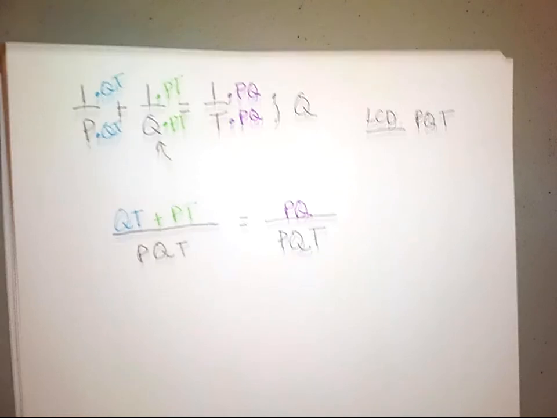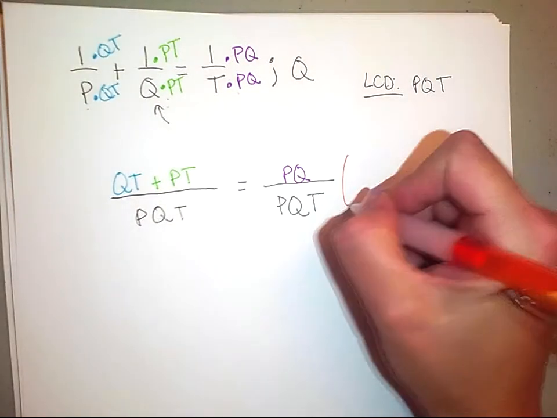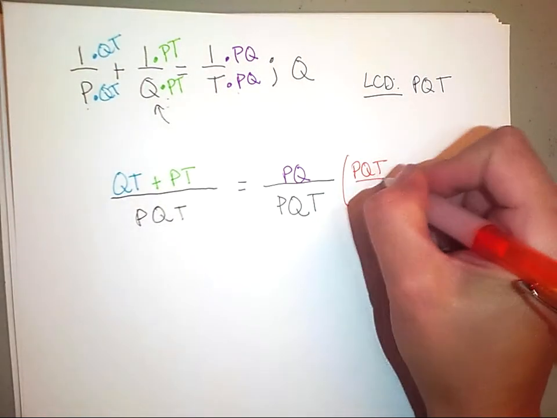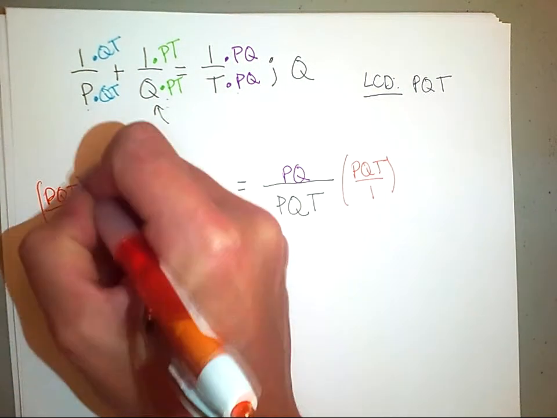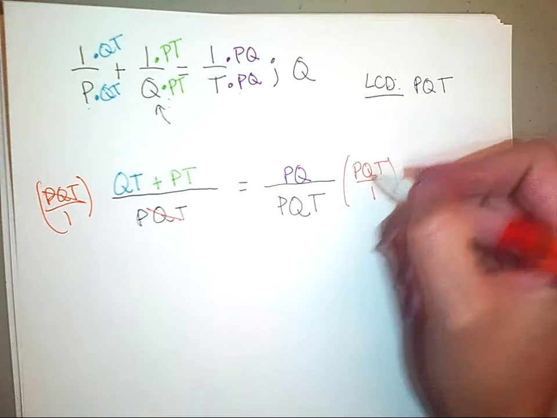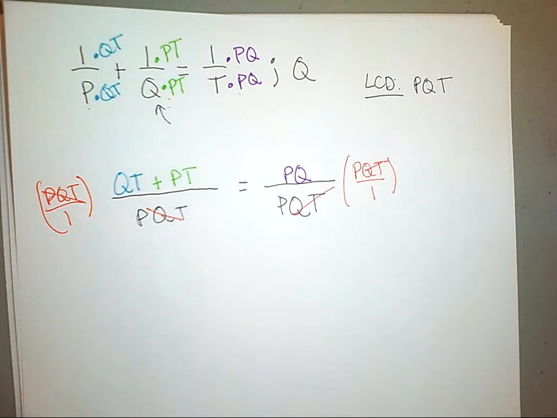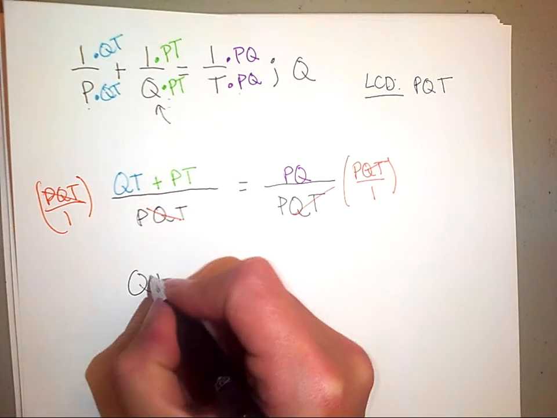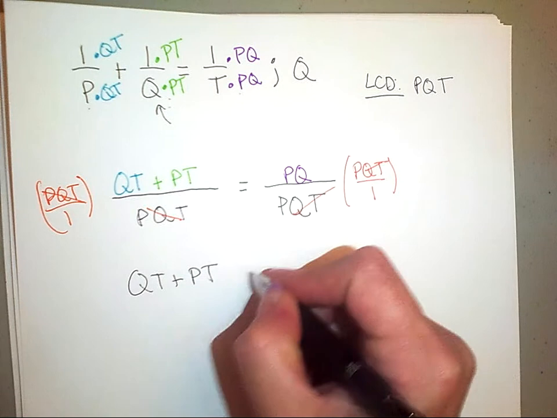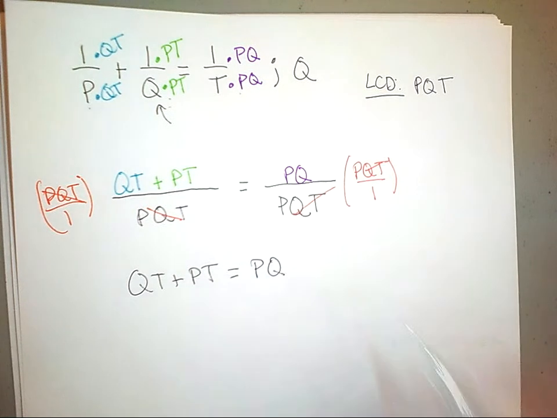Now that we have a common denominator, let's multiply through by that. So these will cancel, and we're simply left with up top the QT plus PT is equal to PQ. Okay, we're almost there.